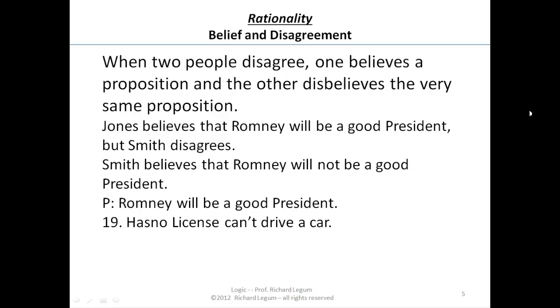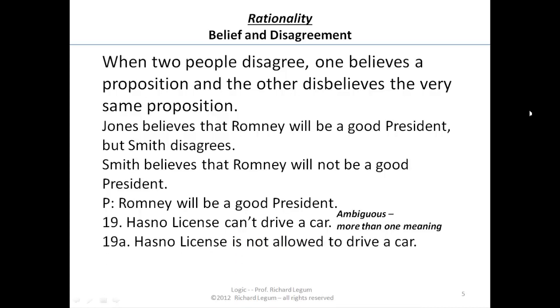Now, there might not be a disagreement then, because there's an ambiguity in the proposition. That is, this "can't" here, I think, is ambiguous. That is, it could mean one of two things. When the father says it, he's talking about Has No License. He's gotten the name Has No License because he doesn't have a license and is not allowed by law to drive a car. So when the father says "Has no license can't drive a car," he means he is not allowed to.